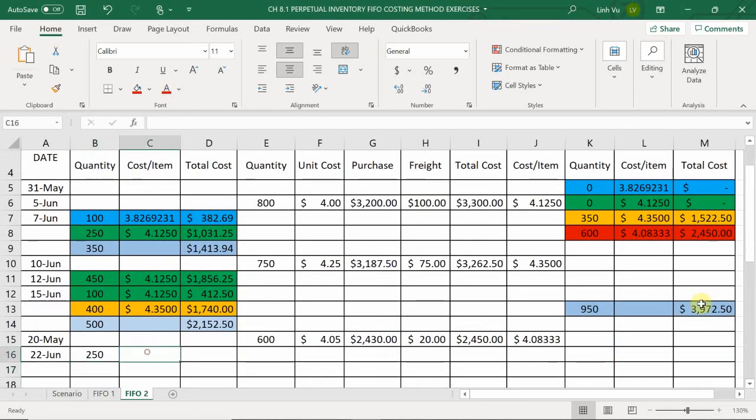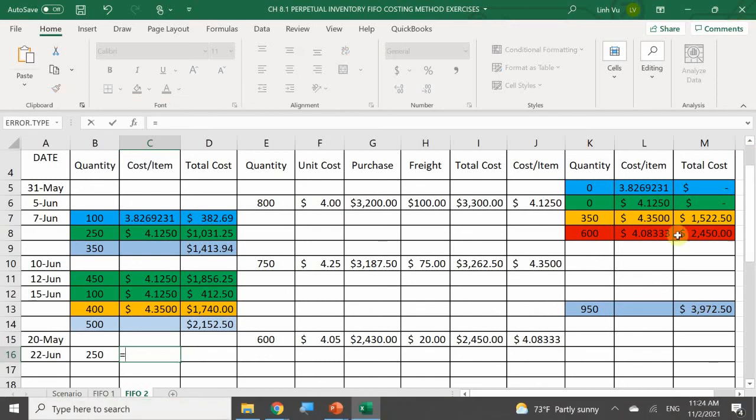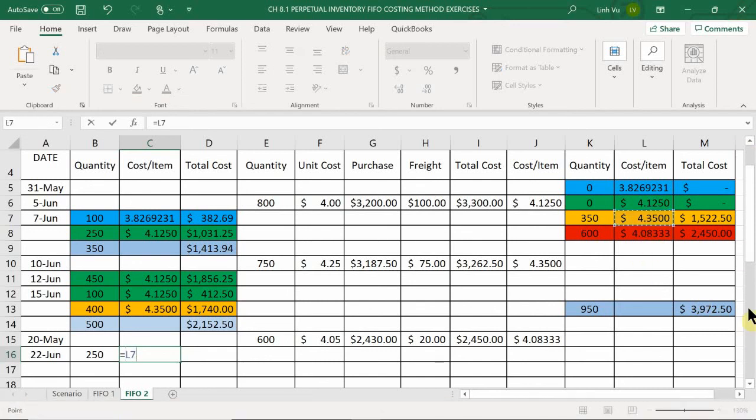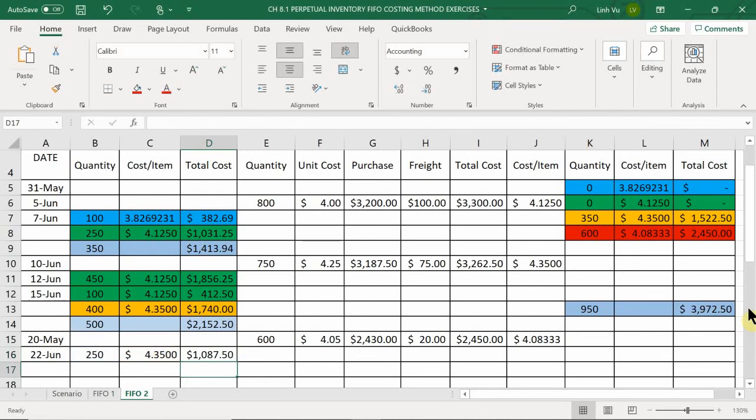The orange. The orange at $4.35 each. So what's my total cost of goods sold here? $1,087.50. So let's subtract that out.